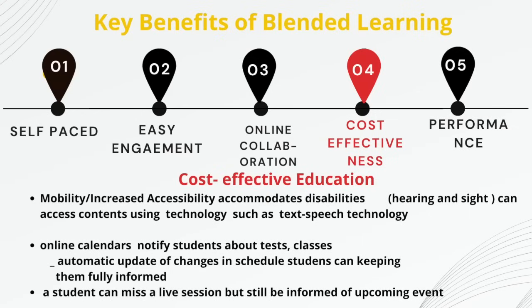Also, online calendars notify students about tests, quizzes, or any engagement that is required in the class. Now, if a student misses a class, he still knows what is upcoming or the next activities in the class, unlike in a traditional classroom where when you miss a class, you may not know what is next.